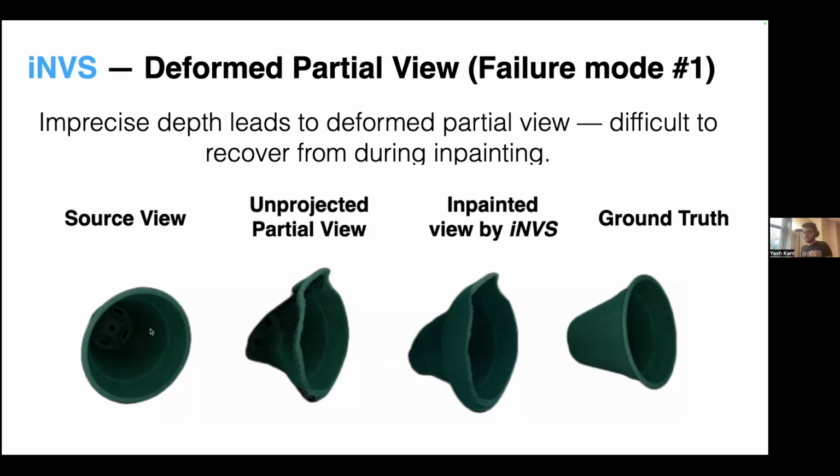For example, for this cap here, once we apply depth and create a partial view out of it, we can see that all the edges are destroyed and deformed. Now if the in-painting network gets this as input, then its generation is not going to be as great because it has to fix these edges and smoothen them out. This is one of the most common and recurring failure modes in our setup.